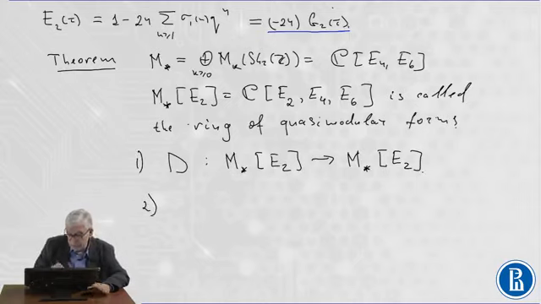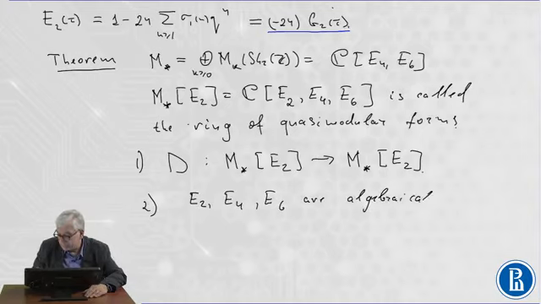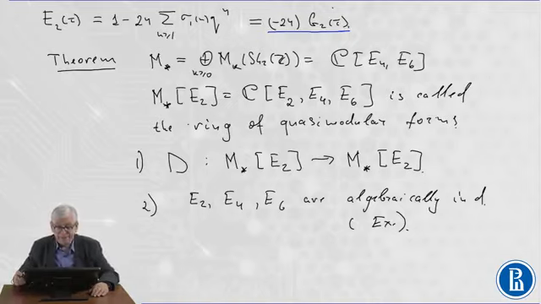The second, without proof, but you can do it by yourself, this is not complicated: E2, E4, and E6 are algebraically independent. This is an exercise. Now we can consider the method of automorphic correction.